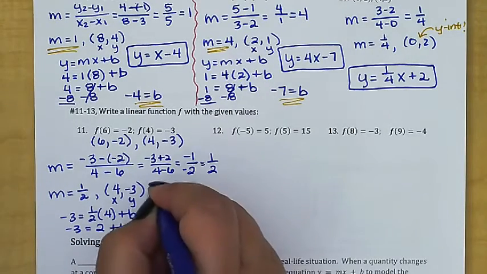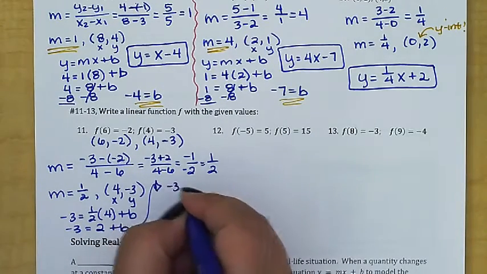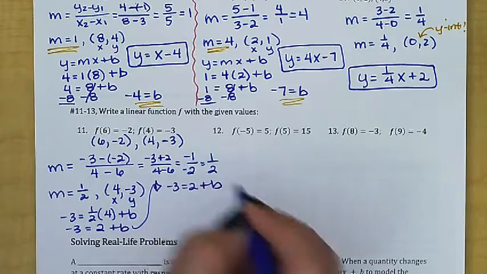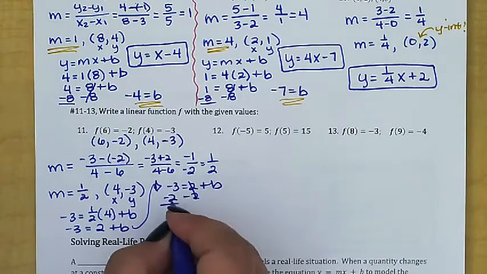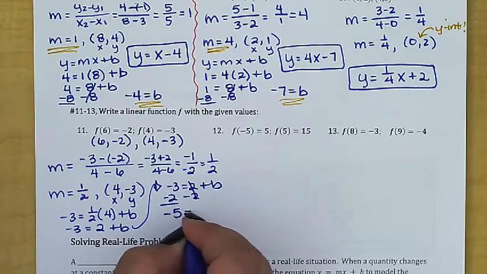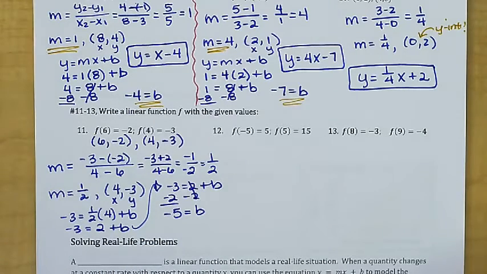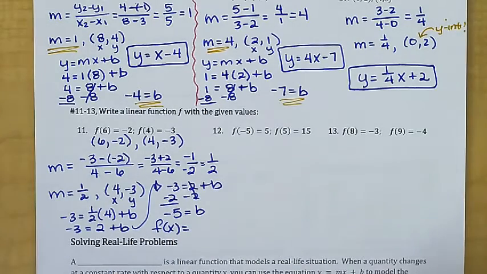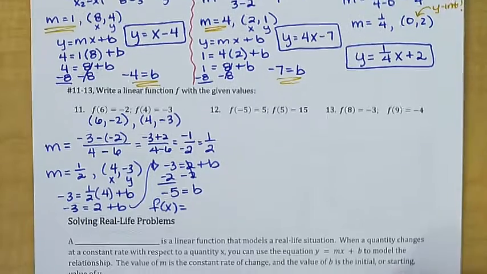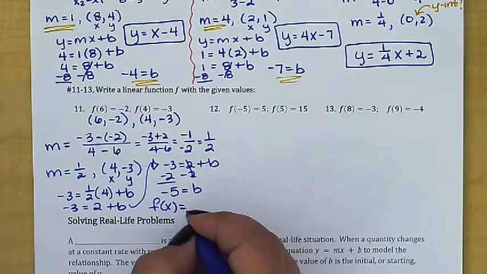And then to solve that, I'm going to come up here where I have more room. All I have to do is subtract 2 on both sides. Now a negative combined with a negative actually gives us a sum of those negatives. So that's a -5. So our function f of x, now I can go back to my original mx plus b. They're using function notation, so I'm going to be consistent with that and use f of x instead of y equals, but it's the same thing.